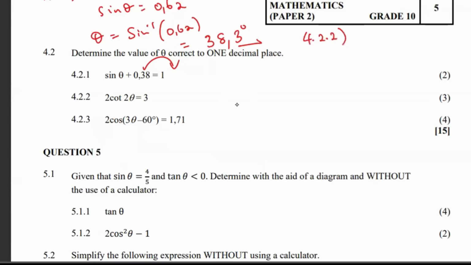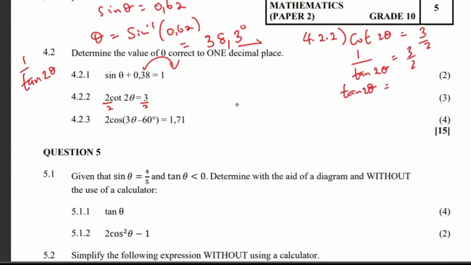All right. Then for 4.2.2, still do the isolation. So let's get rid of these 2, so over 2 over 2. So we have the cot of 2 theta is equal to 3 over 2. But we know that cot is the reciprocal of tan. So it's as good as having 1 over tan of 2 theta is equal to 3 over 2. We can switch this around so that the tan of 2 theta is going to be 2 over 3.